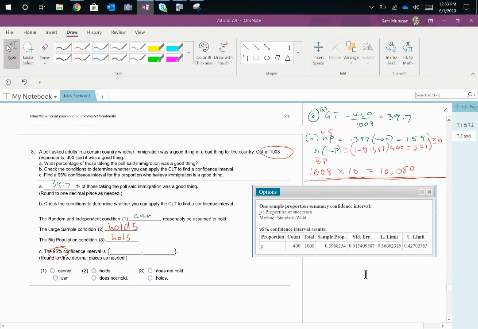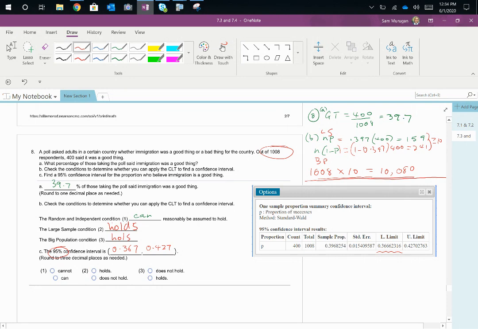All right, so the 95% confidence interval is based on this, 400 out of 1,008. The 95% confidence interval is between 0.367, three decimal places, it's this number here, and then 0.427.